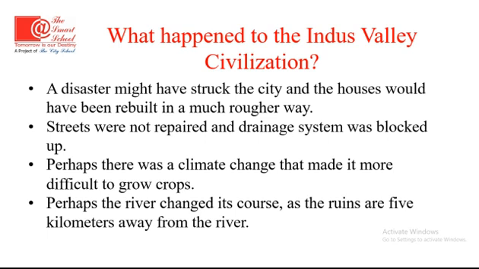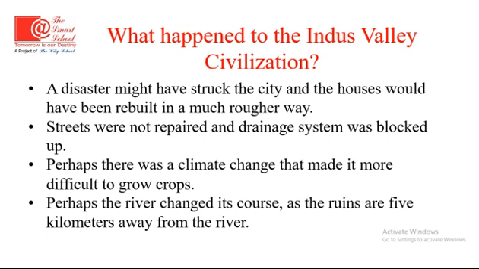The streets were not repaired and the drainage system was blocked up. The houses which were rebuilt were not as planned as the previously built houses were, and the drainage system also got blocked because of that disaster.